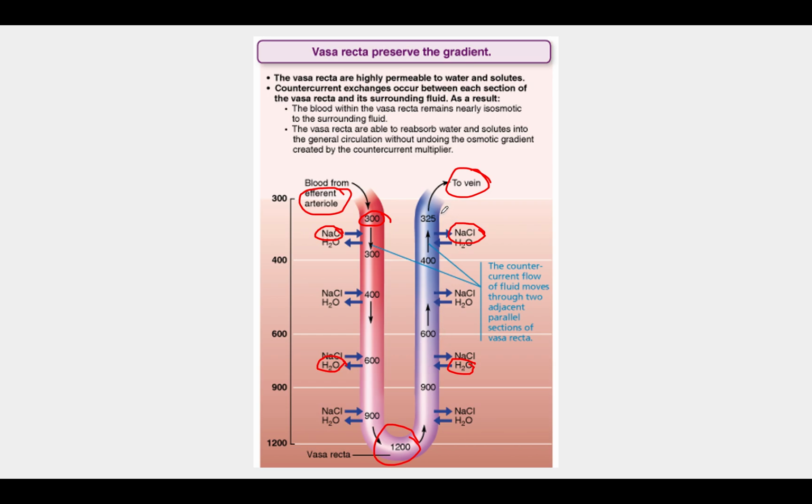And you can see right here that we end up with 325 milliosmoles. And if you see right here, we started with 300. So that means that the volume ends up being greater at the end than it did at the beginning.